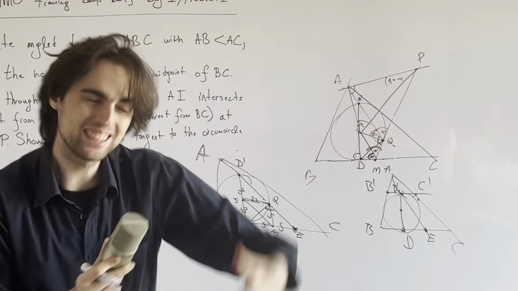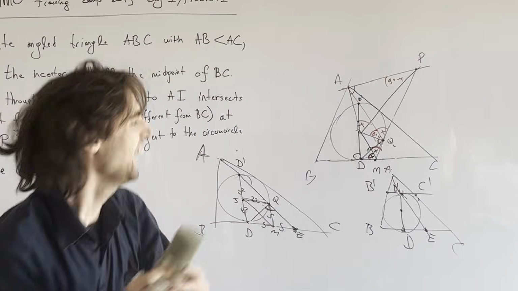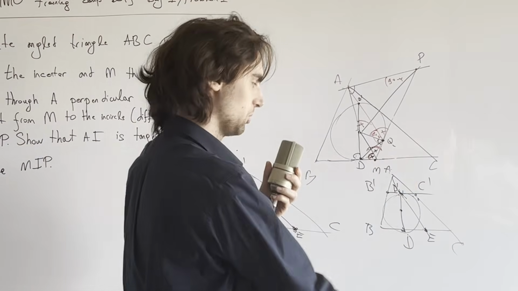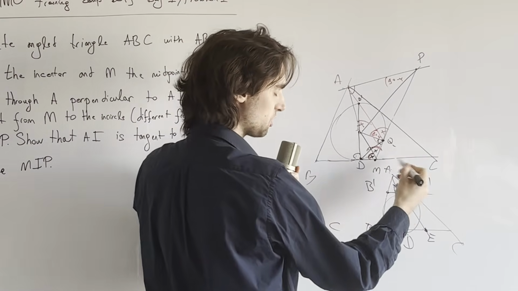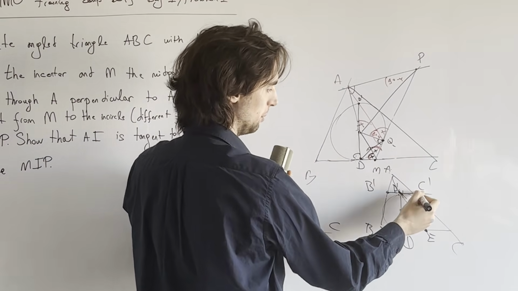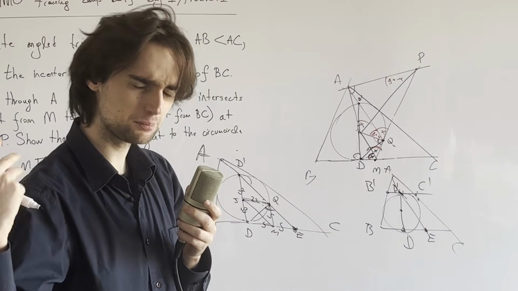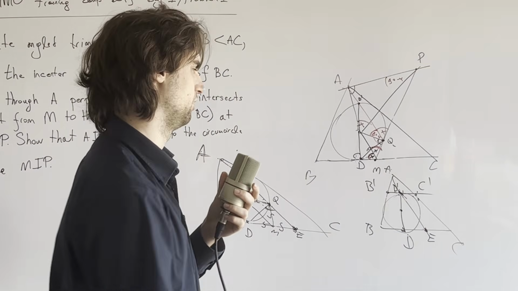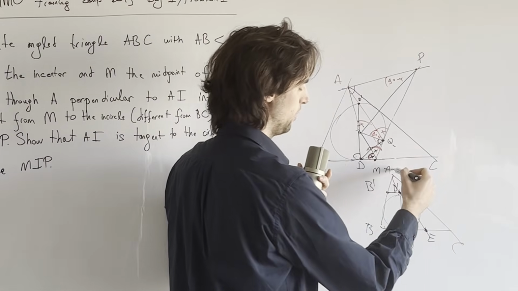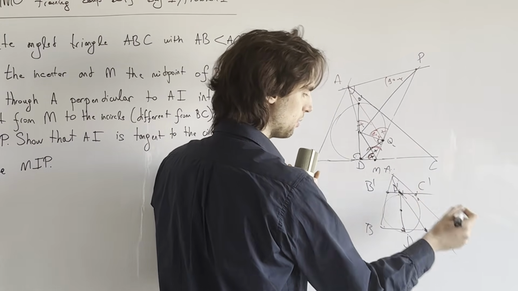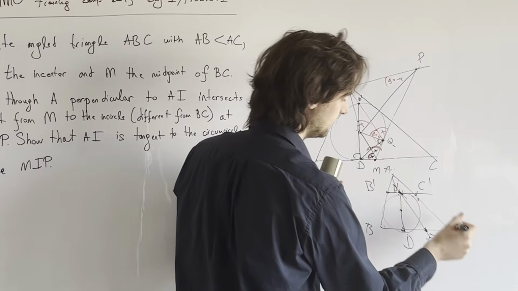So, given that, what do we have? The answer is, well, we have that D prime is the point where the X circle opposite A touches B prime C prime. E is the point where the X circle opposite A touches the side BC in the triangle ABC. So that means that the angle D prime AC prime is EAC.